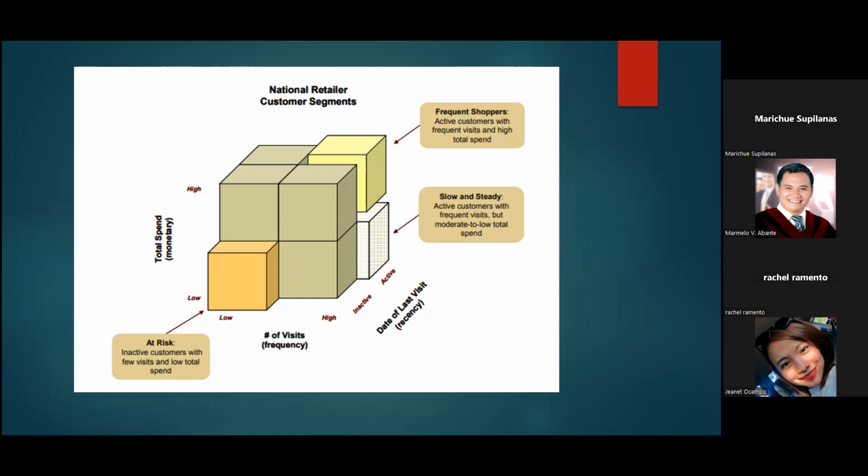And last is the at-risk segment. Either the current value proposition or awareness of the value proposition appears to fall short for this group of customers. Customers in this group have spent very little with the national retailer and have not shopped online or at any of their retail locations for a long time.